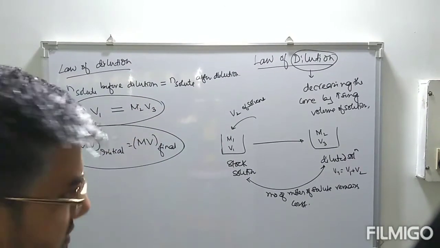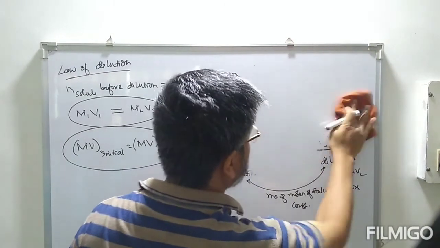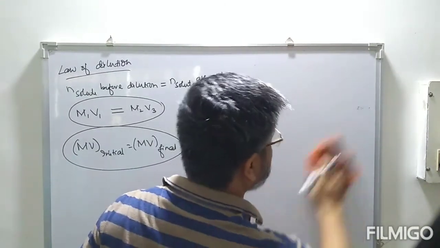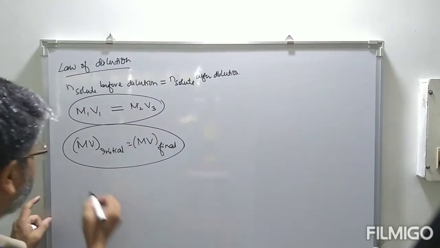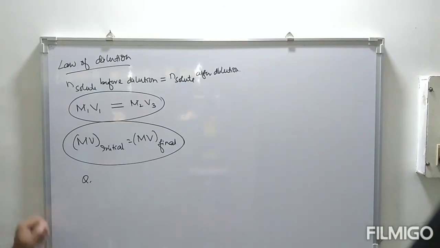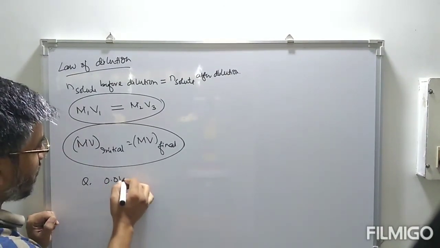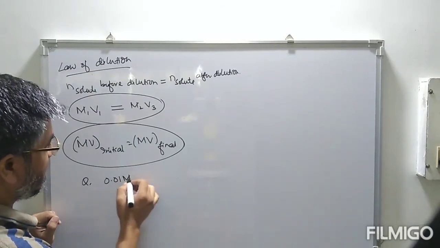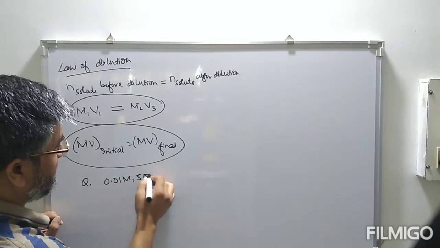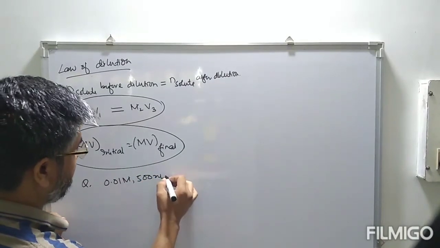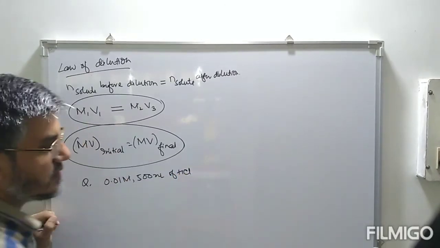Let me give you one example for this law of dilution. It's 0.01 molar, 500 ml of HCl.